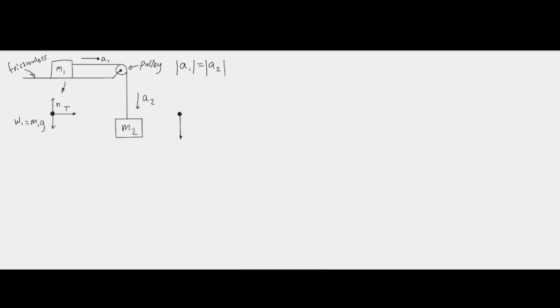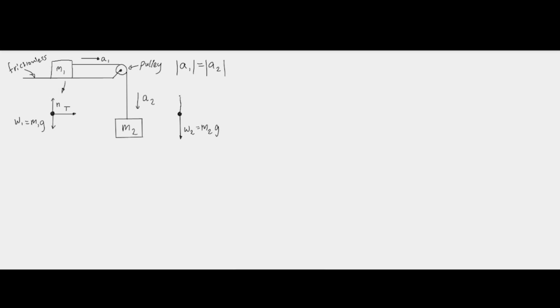We're not really sure. But the weight force, and we'll call this W2, is going to be equal to m2 times gravity. And that's the weight force. And we're going to have, again, an upward tension force.